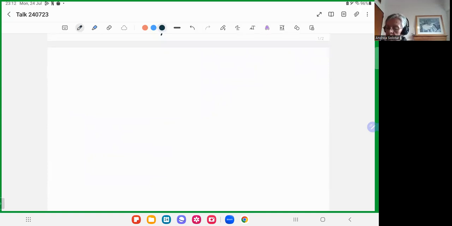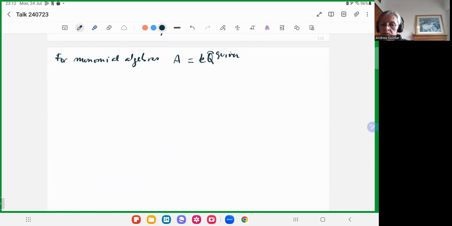Okay, so the first thing to say is that monomial algebras have models such that we can consider that the algebra is presented as a quotient of the path algebra of Q, where Q is a finite quiver, that is, the paths in the quiver with concatenation, divided by some ideal.